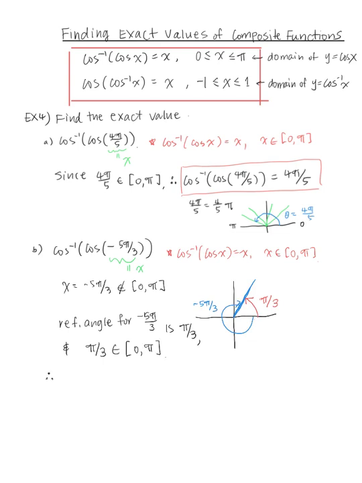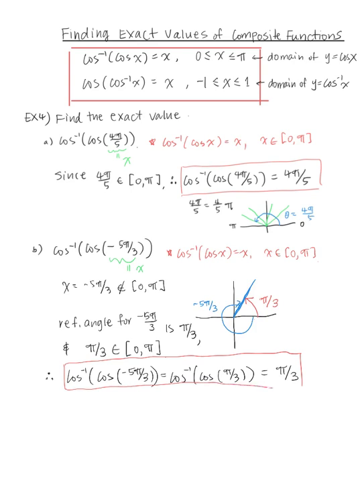So therefore, cosine inverse of cosine of negative 5 pi over 3 is the same thing as cosine inverse of cosine of pi over 3, which is going to give us the answer of pi over 3. So let me just box this whole thing. And there we have it.